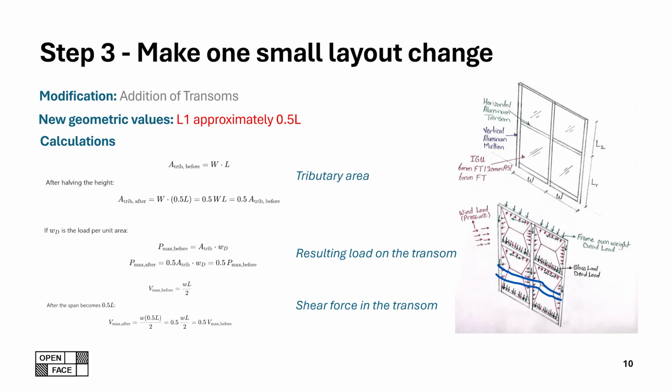And this means that the transom can be much lighter and stiffer because it now carries less load and over a shorter span, while the moment in the mullions stays almost unchanged. And these are the conclusions we want you to draw. That's why we want you to do the calculations for the before and after.